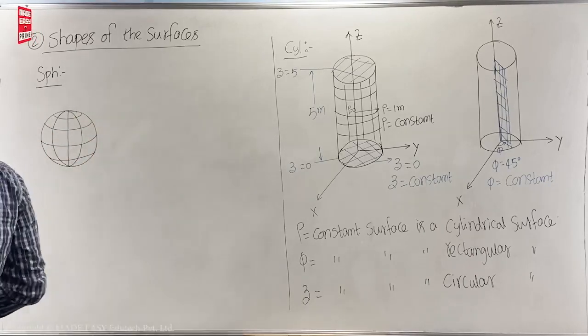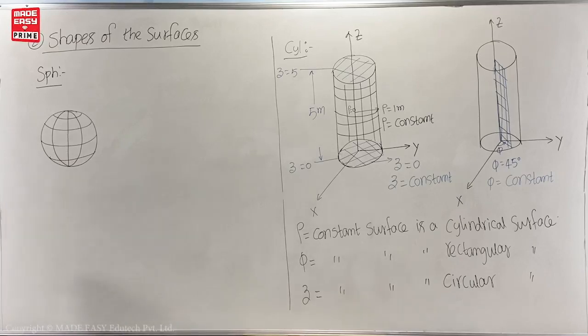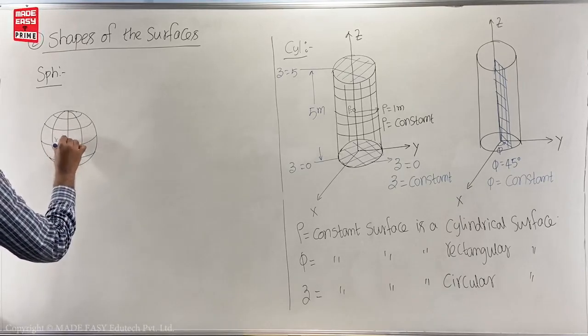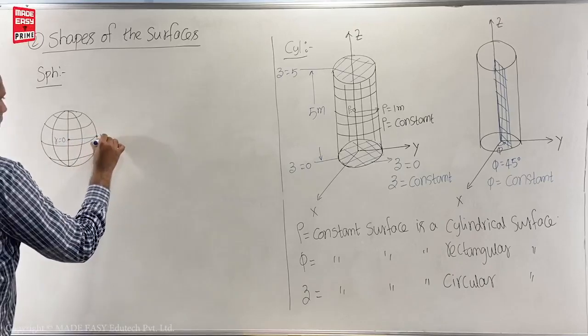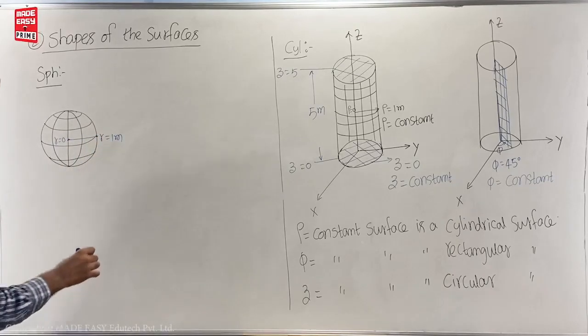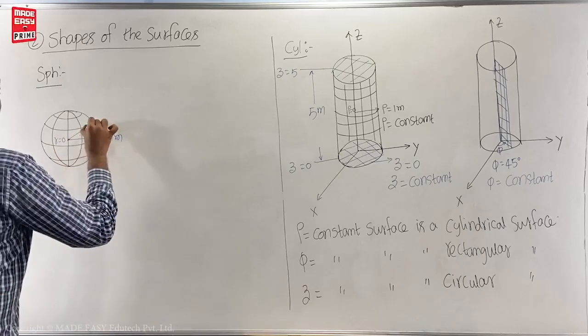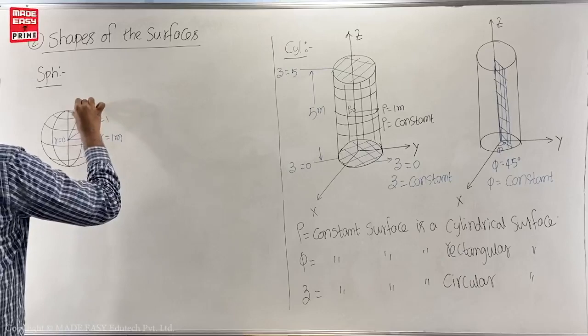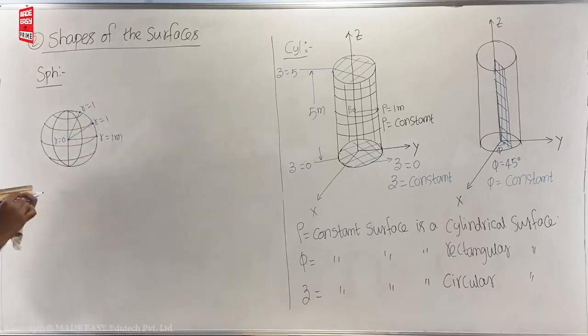Now let us take radius. This is center. Radius is 0 here, and let us take the spherical surface is 1 meter radius. Now everywhere, here also 1 meter radius, here also 1 meter radius. That means r is constant.